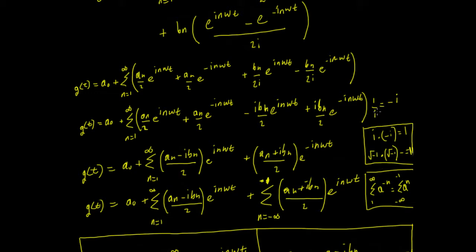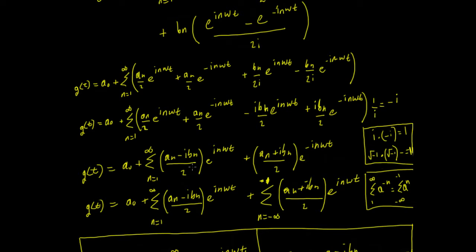So this little identity holds, and that's what we've done here. Now we'll gather like terms: we gather this term here with this term here for e to the i n omega t, and this term here with this term here for the negative i n omega t term.